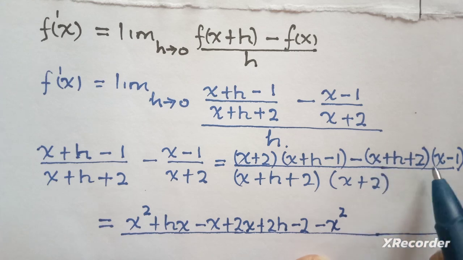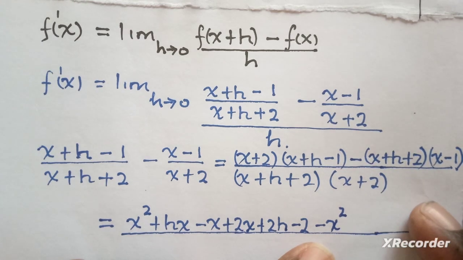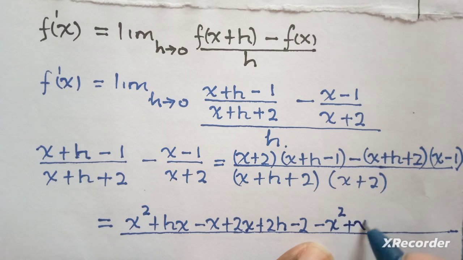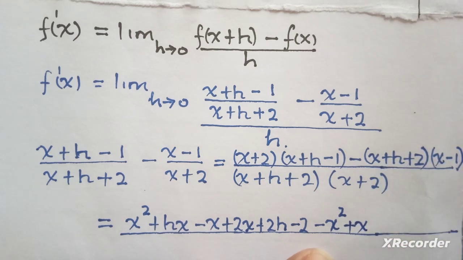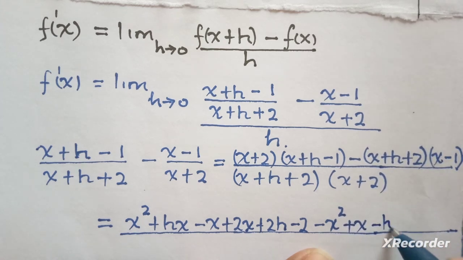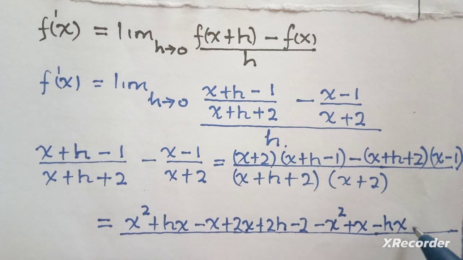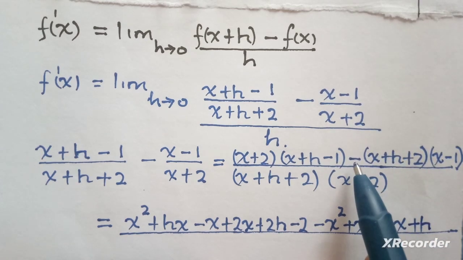So you shall have x multiplied by x is that. x multiplied by negative 1, we shall have negative x. So now it will be positive x. Now we have dealt with x, we come to h. h multiplied by x is plus hx, so it is minus hx, like that. h multiplied by negative 1 is negative h, so it will be plus h. So we are changing that because of this negative.